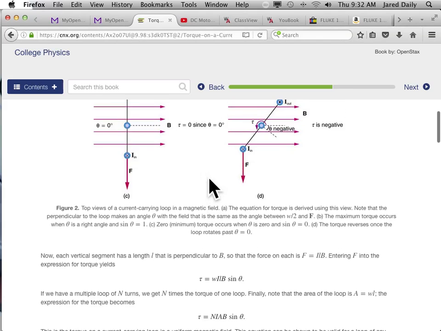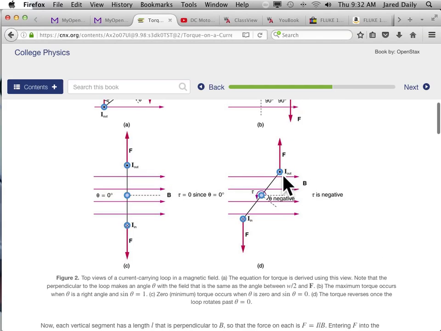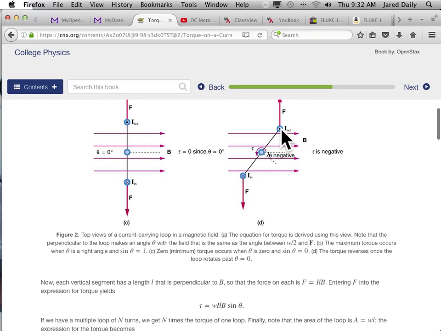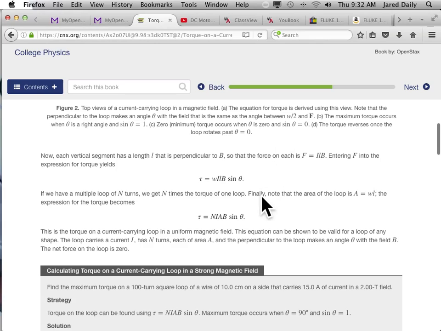So what they've done here is they've said we have a length of the wire from here to here and a length of the wire from here to here. Each of these forces has a distance that is half the width of this loop. And then the length of the wire, of course, is the length from top to bottom of the wire.